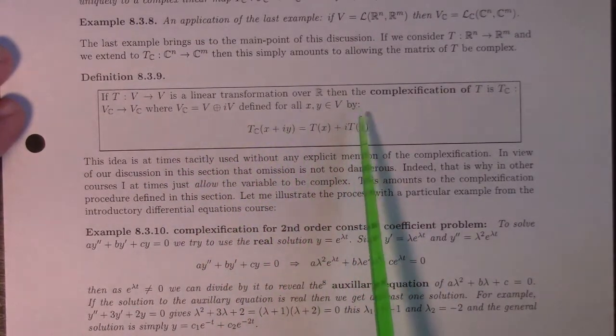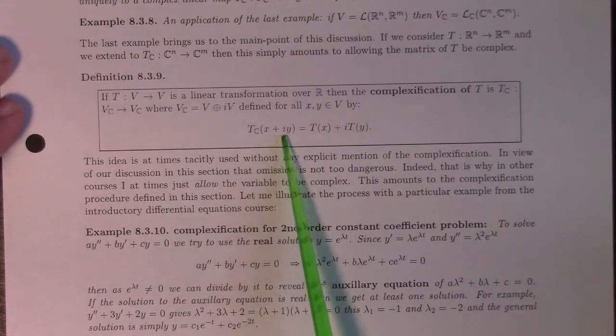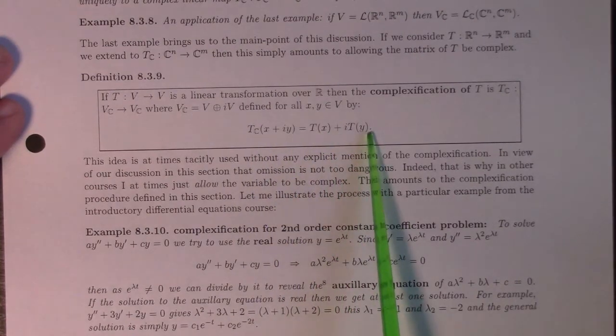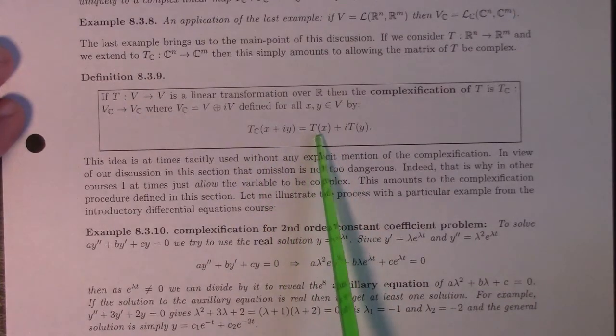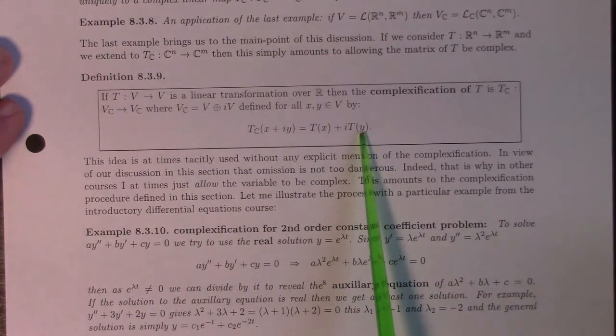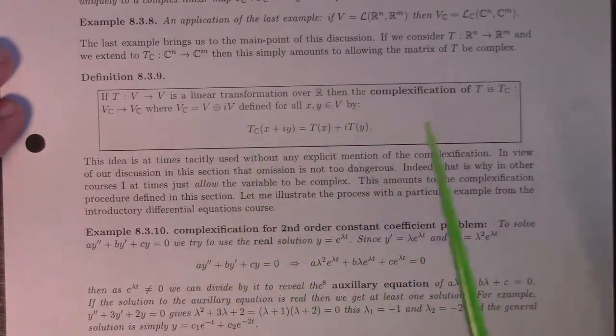And it's simply defined by enforcing linearity. We say T sub c of x plus i y is T of x plus i T of y. So T is given, so T of x and T of y are given, and what I'm defining here is T sub c.